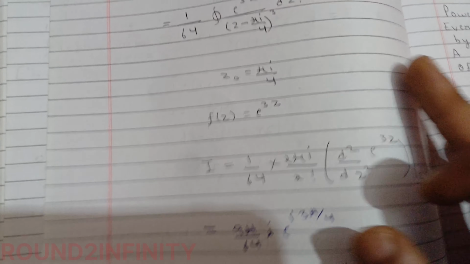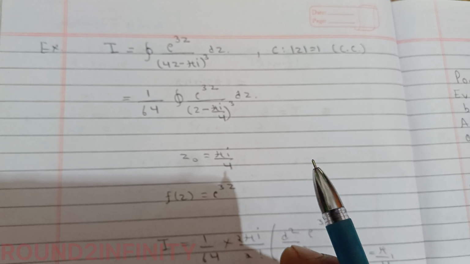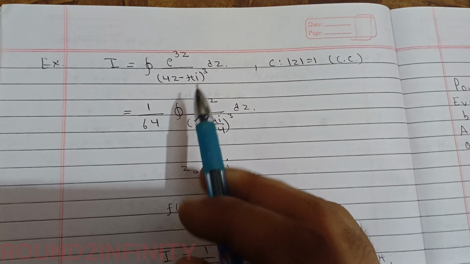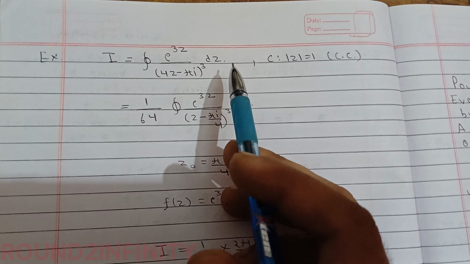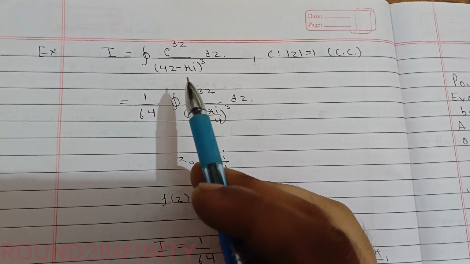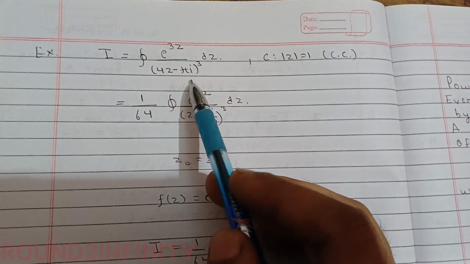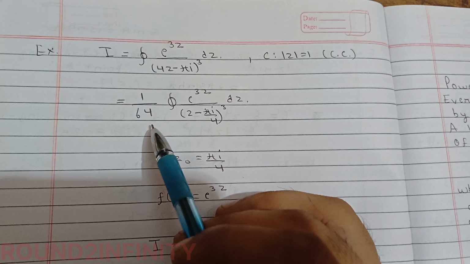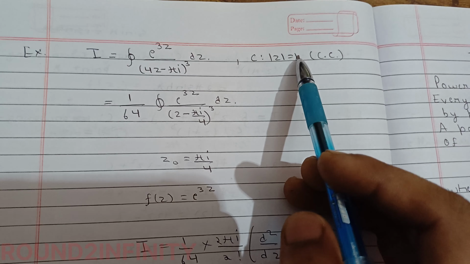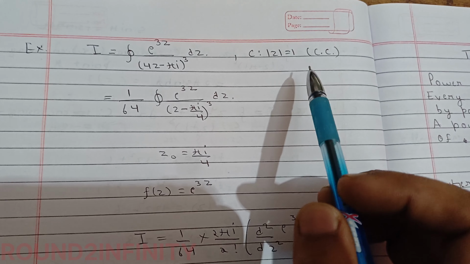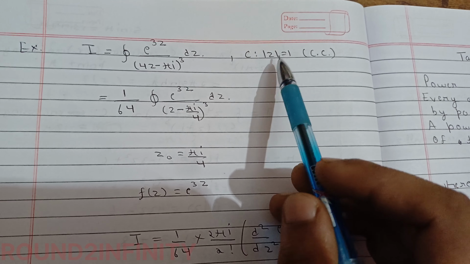So that's how you can solve. These are very easy questions if you know the concept. Now if you need to solve this, first you need to convert it into the form in which we are using the Cauchy derivative formula. First you take the 4 common, you will get z minus pi iota divided by 4, and 4 cube will give you 1 upon 64 outside. Now mod z equal to 1 means it is a circle of unit radius, and pi by 4 lies inside the circle.